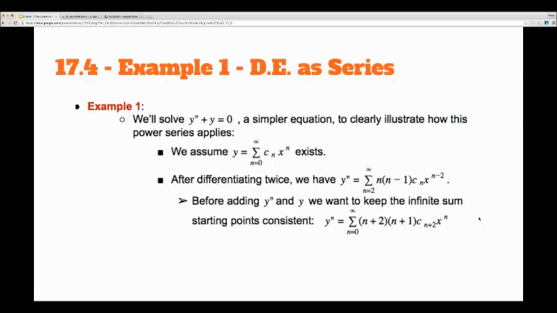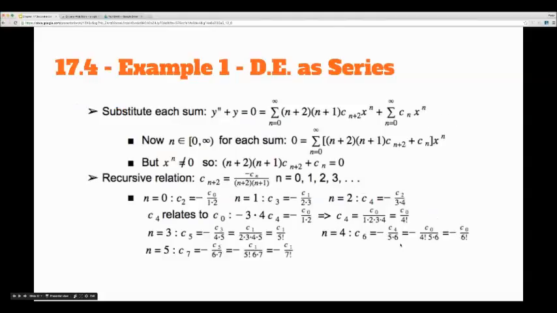And you'll see that those are equivalent if you just check the first values of each, this bottom y double prime and this y double prime up here. You'll see that both of their first values are the same.